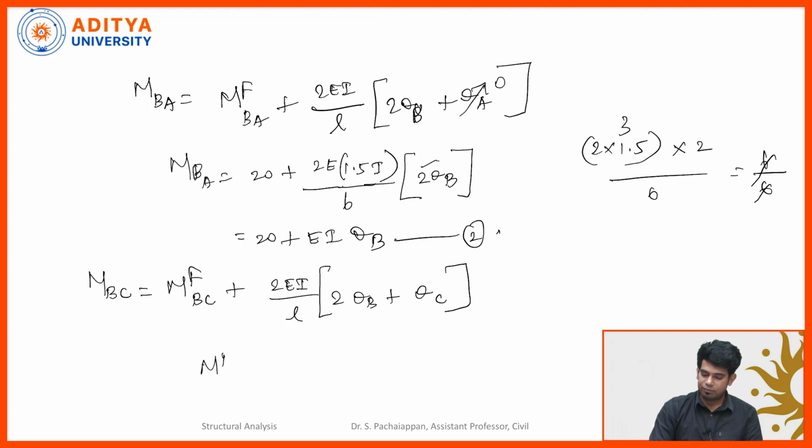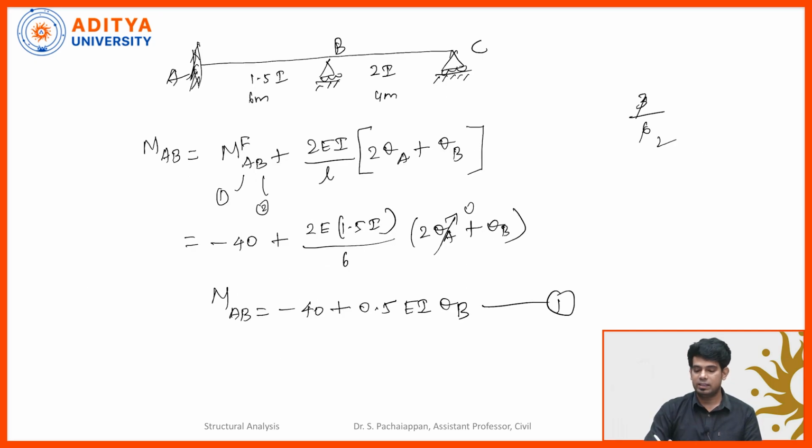So MFBC value we know. What is MFBC? MFBC is minus 20, plus 2 times of E. I value for span BC, let's go to the previous slide, BC is 2I.